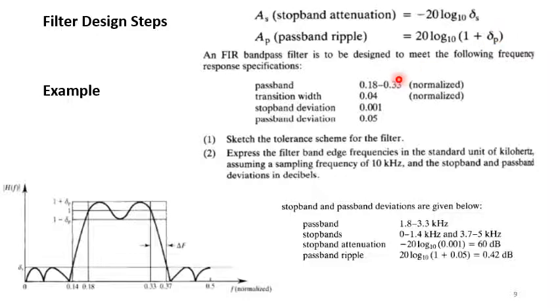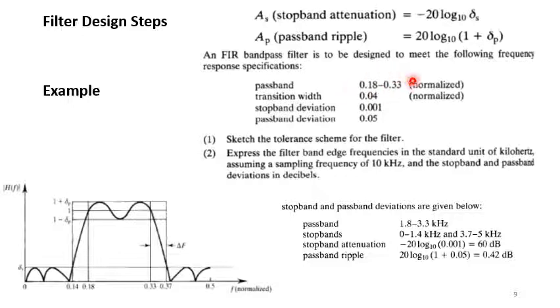So before moving further, let's have an example. We need to design an FIR band pass filter with the following specification. The pass band is 0.1 to 0.33.